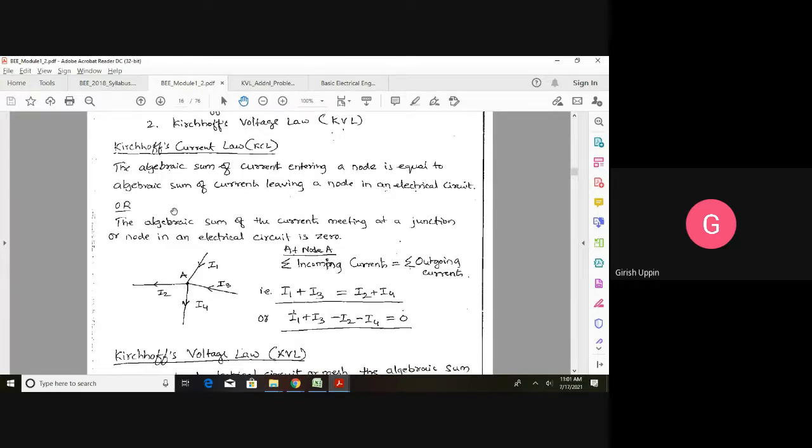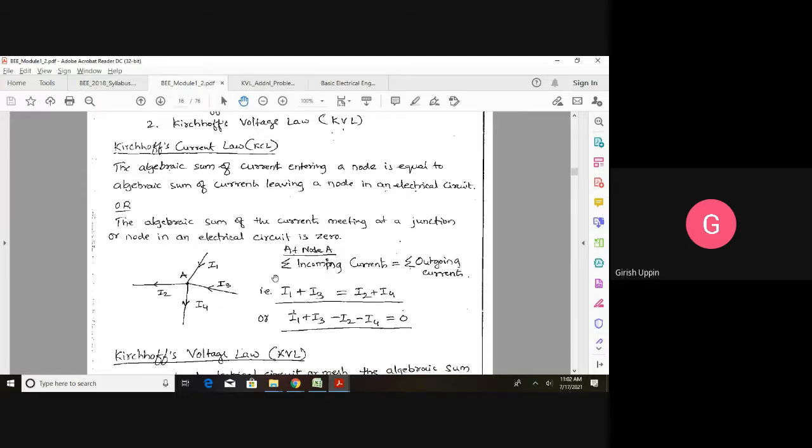So first you have to give the statement: the algebraic sum of the currents entering a node is equal to the algebraic sum of the currents leaving the electrical node. Or another definition, choose only one of them, whichever is easy for you. The algebraic sum of the currents meeting at a junction or a node in a circuit is equal to 0. Then draw this circuit diagram. Most important, write this equation.